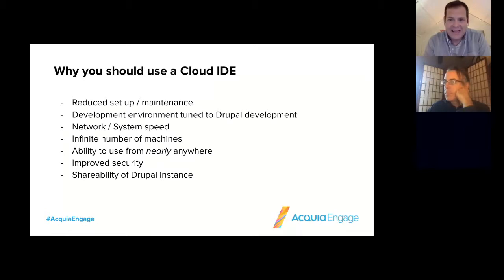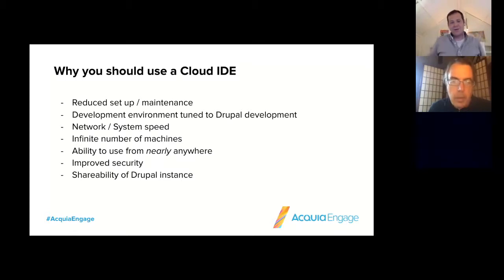And a Cloud IDE will almost generally work better for you in a slower, degraded network environment than your local would. So if you're pulling down a large amount of files, or a database that sometimes can be hundreds of megabytes, I know I've had a problem where I've been downloading files or doing some sort of update and I forget and close my laptop lid and it doesn't happen. So that's one of the benefits there.